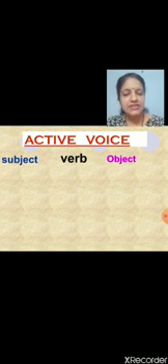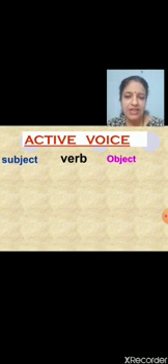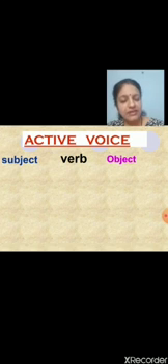Now, let us revise what we have learnt till now. In active voice, we will see the word order as follows. The subject comes first, then the verb, and then comes the object. So, the word order in active voice is as follows: subject, verb, object.